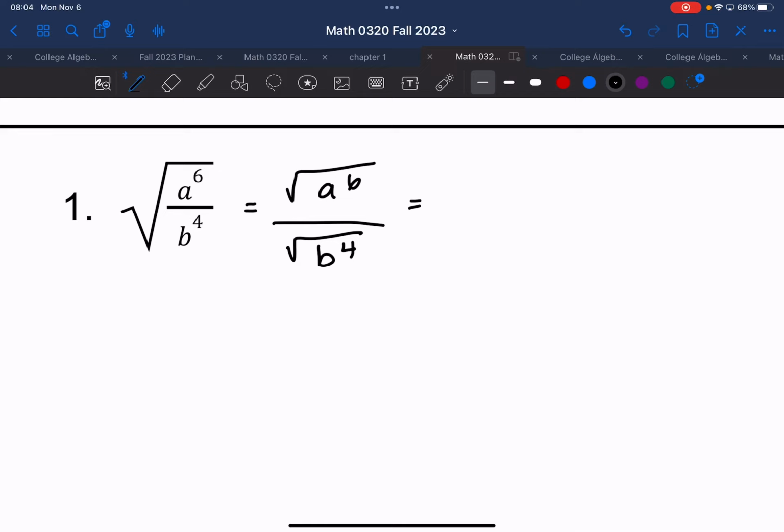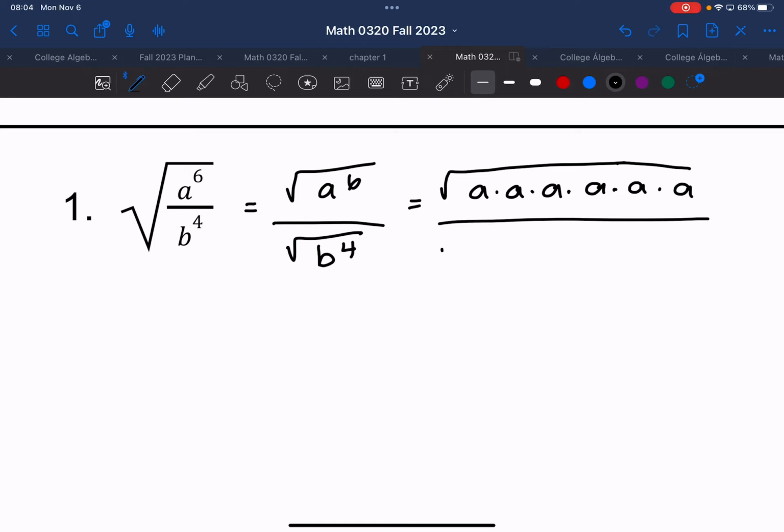We could rewrite this as the square root of a 6 times, so 1, 2, 3, 4, 5, 6, over the square root of b 4 times.